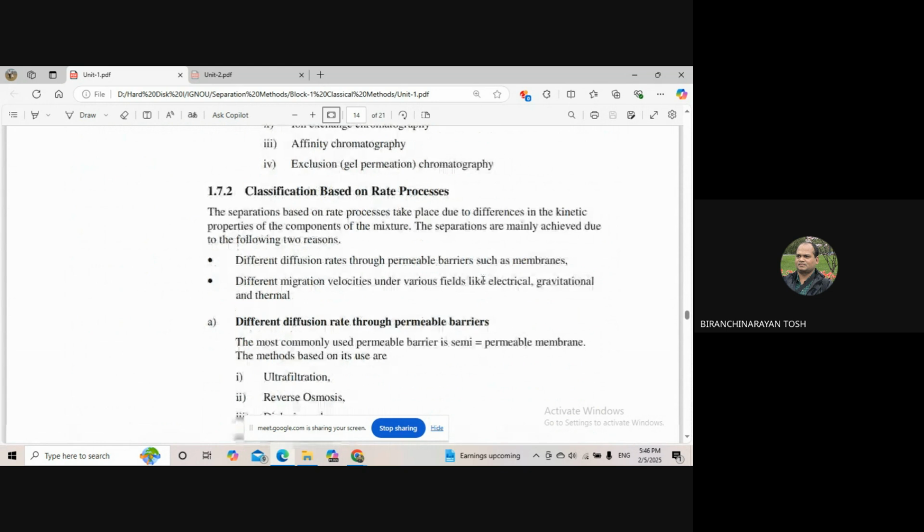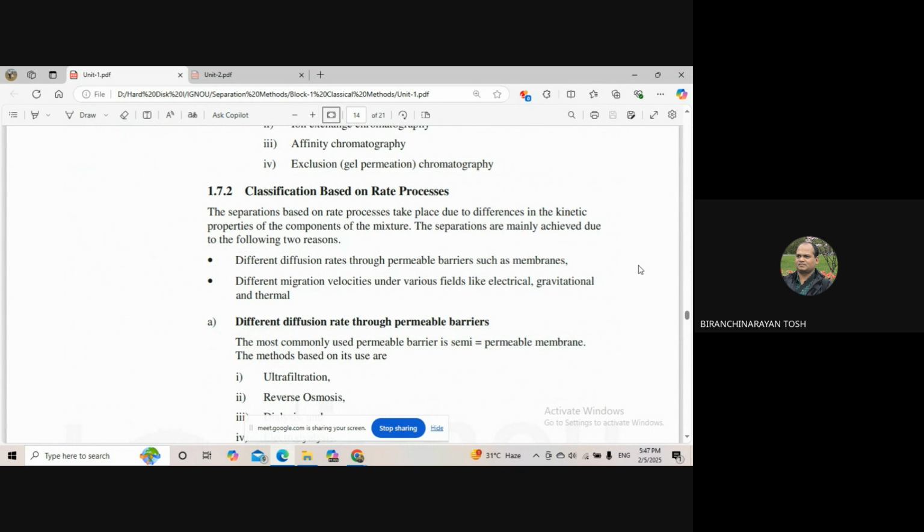Then the classification based on rate processes. The separation based on rate processes takes place due to differences in the kinetic properties of the components of the mixture. The separations are mainly achieved due to the following two reasons: different diffusion rates through permeable barriers such as membranes, and different migration velocities under various fields like electrical, gravitational and thermal.